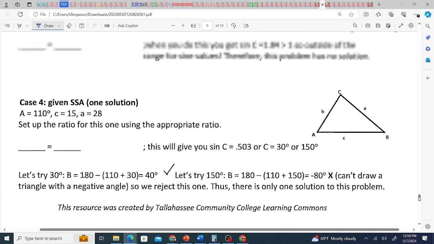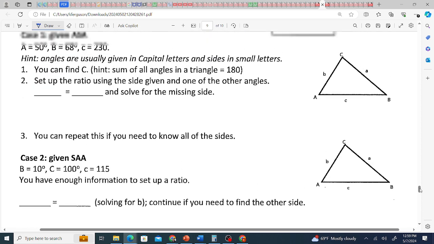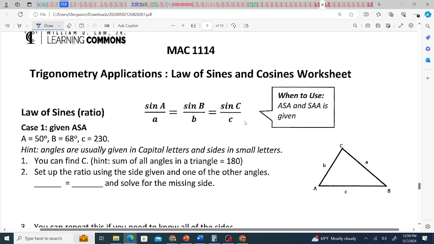That's in contrast to when I can use the law of sines. The law of sines is when you have one definite side and one definite angle, and then you have a side or an angle, because I'm using some kind of ratio.